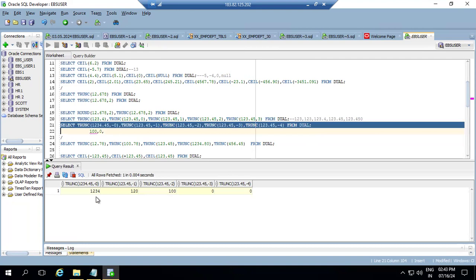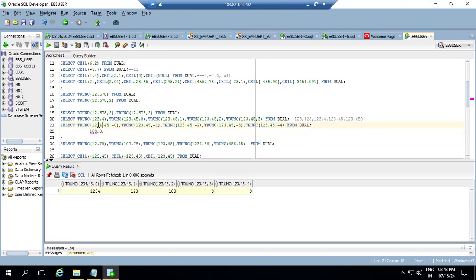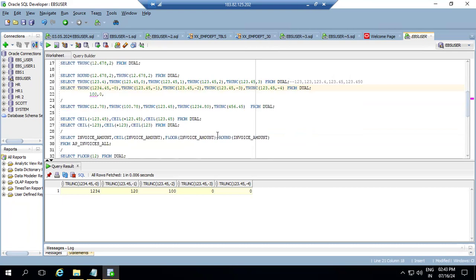When it is minus 0, it will consider all the digits. So when you are adding one specific digit like minus 1 or minus 2, after the decimal places, whether it is less than 5, accordingly it will calculate here. Same concept that we used in the round function. Any doubts in this? It's clear, right? Any doubts in this trunc over here?